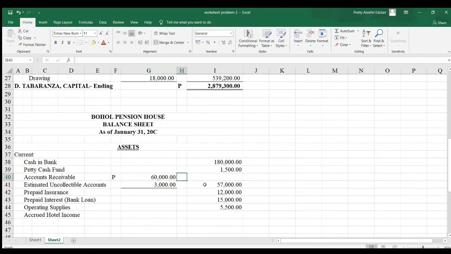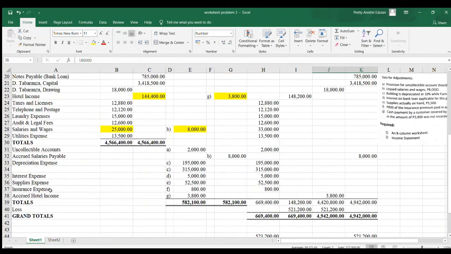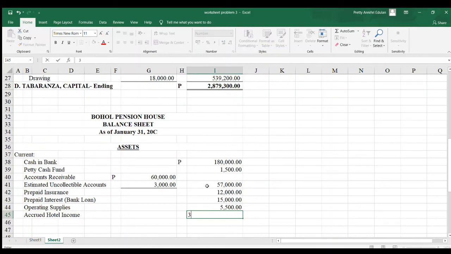Do not forget the peso sign. Then the accrued hotel income is how much? 3.8. And total current assets. Let's try to see.